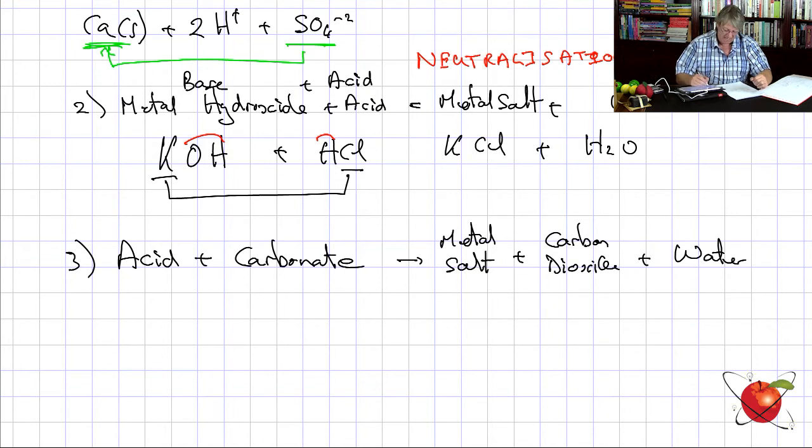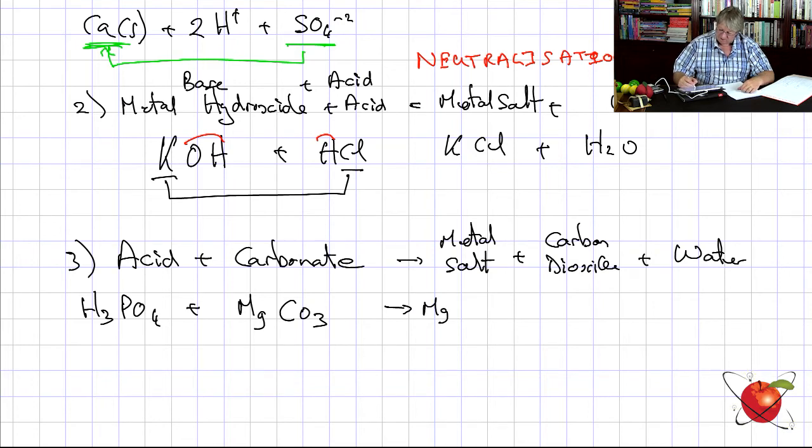Quite straightforward. Acid, let's in this case take phosphoric, H3PO4, plus, let us take here magnesium carbonate. Now it goes to a metal salt, MgCl, but hang on, that's a +2, this is a -1, so we need 2 Cl's.